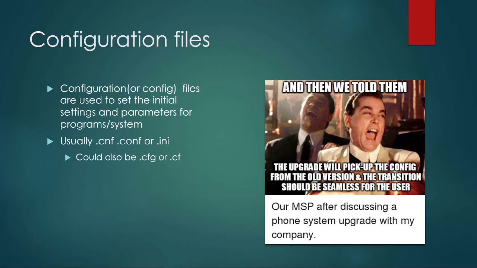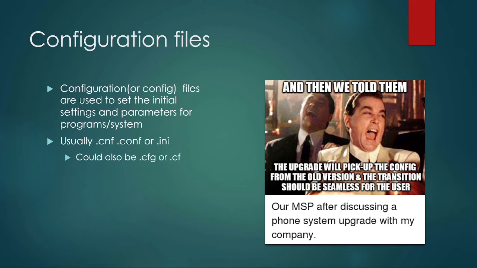Okay, welcome back. So next we're going to be talking about configuration files. Configuration or config files are basically a way of us being able to have programs with an initial setup and initial parameters. Sometimes we'll see config files with the extension .cnf or .conf or .ini.